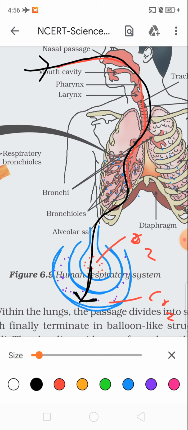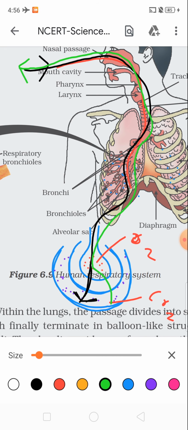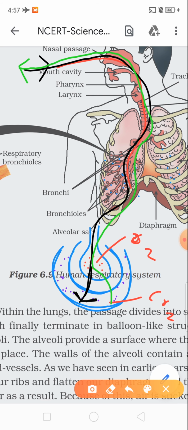When we are exhaling, this carbon dioxide will move into the alveolar sac, and it will come to the bronchiole, bronchus, trachea, pharynx, nostril and outside. So these are the two pathways making up the respiratory system, where the exchange of gases is taking place, oxygen going inside and carbon dioxide coming outside.